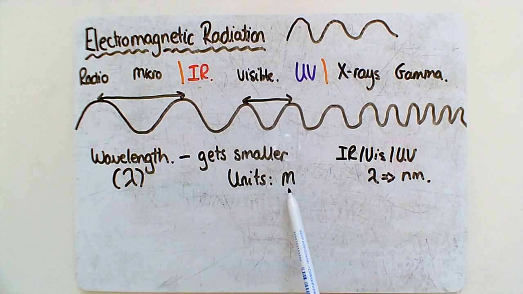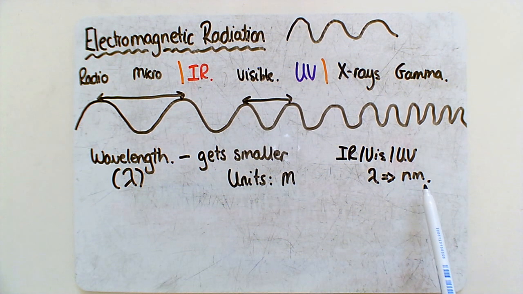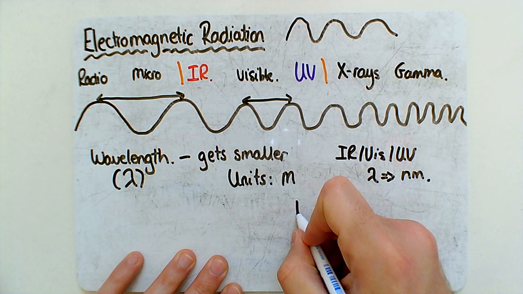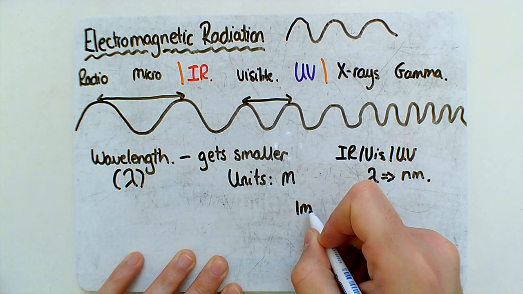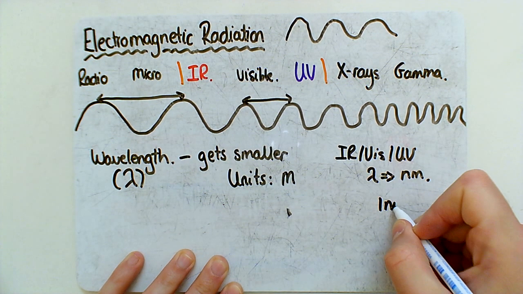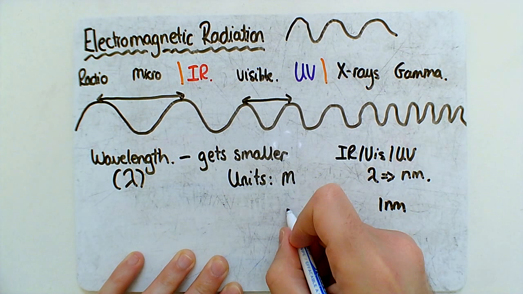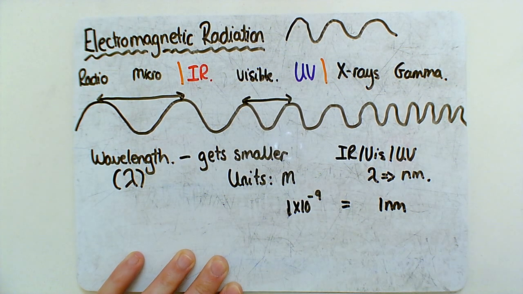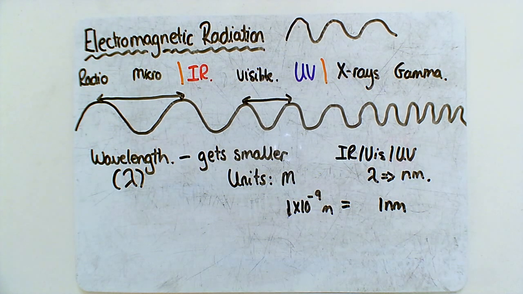So we need to be able to convert meters to nanometers and nanometers into meters. Now, the relationship is that 1 nanometer is equal to 1 times 10 to the minus 9 meters. So that is 1 billion times smaller.